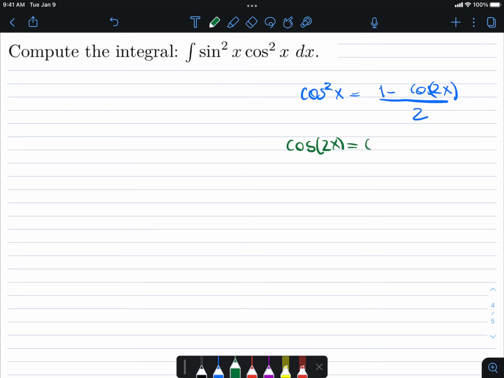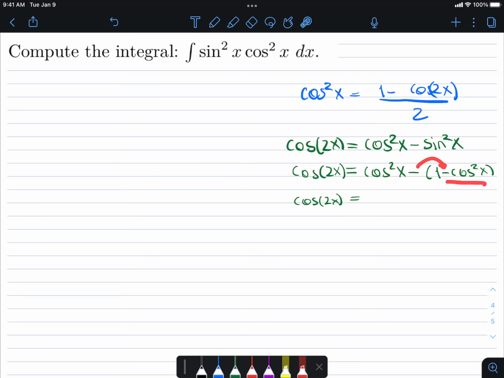You got to remember that this is cosine squared x minus sine squared x. And then you can remember that because sine squared plus cosine squared equals 1, you can replace the sine squared with 1 minus cosine squared x. And on the right-hand side, you can use the distributive property, and then this minus becomes a plus, and it turns out that you have 2 cosine squared x minus 1.